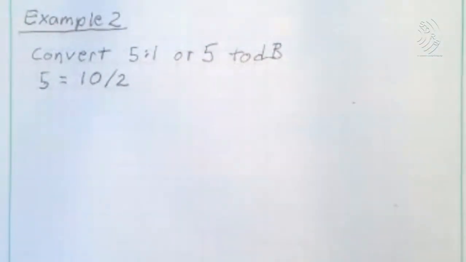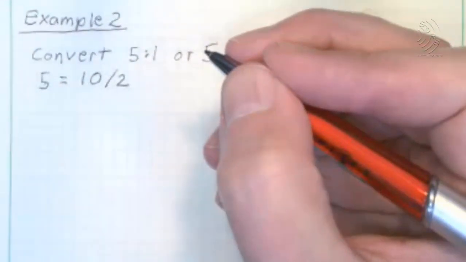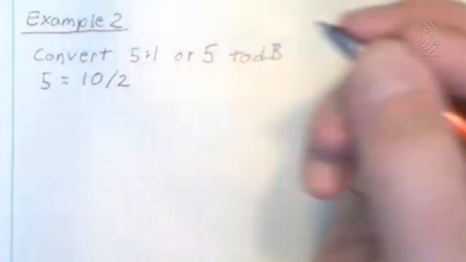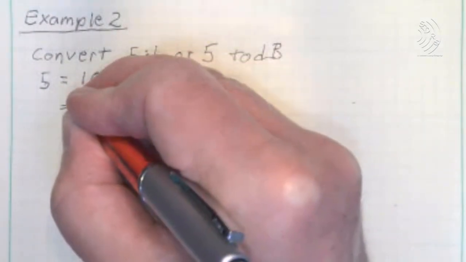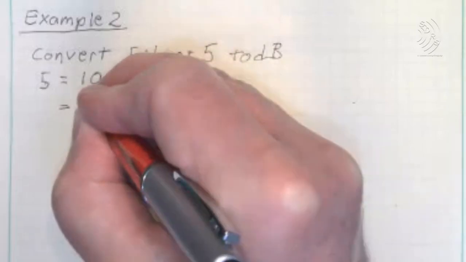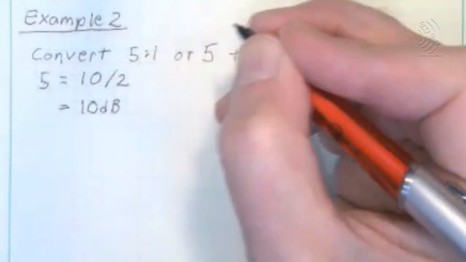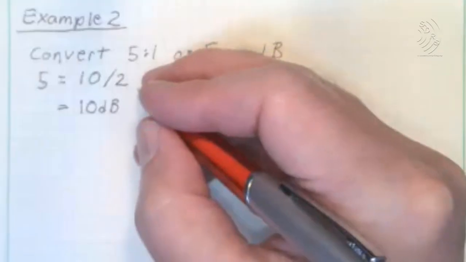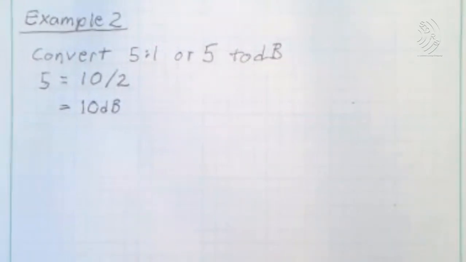Now we already know that 10 as a ratio or an absolute quantity is also 10 when expressed in decibels. And we know that 2 is 3 dB, as we saw earlier and in the previous example.